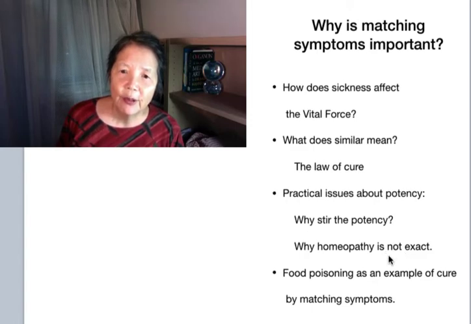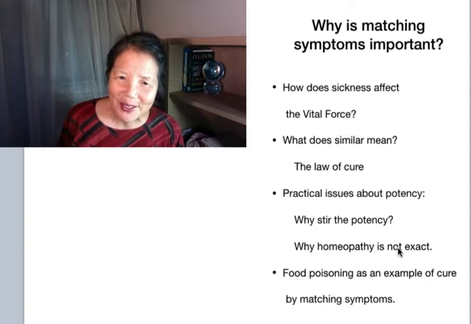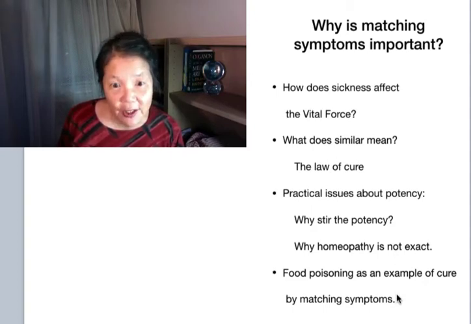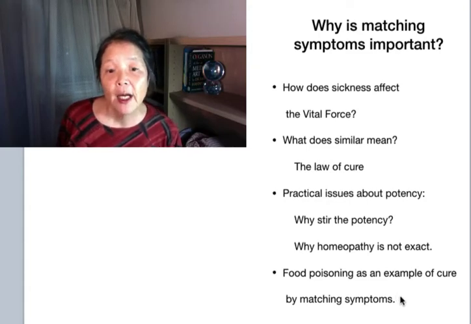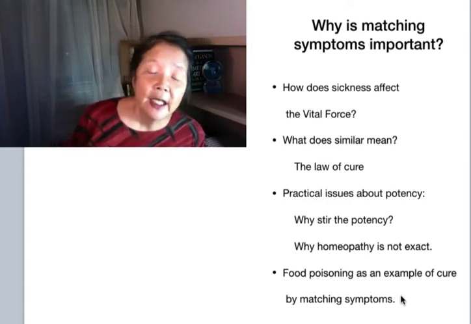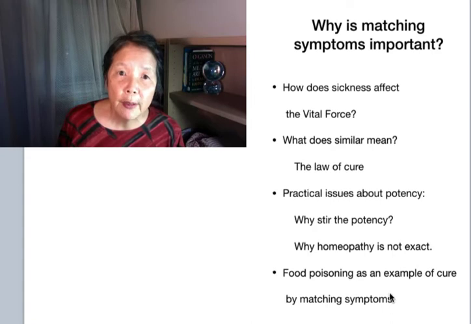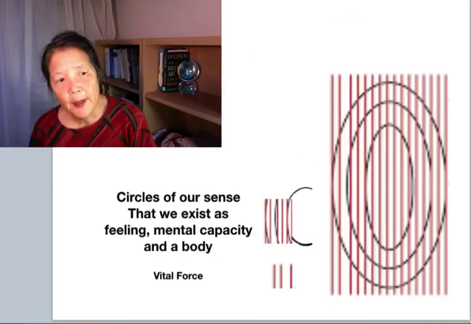They're looking for a more exact medicine, and why isn't that advantageous for homeopathy? And finally, we're going to talk about an example of the law of cure using food poisoning to show you how we match symptoms.